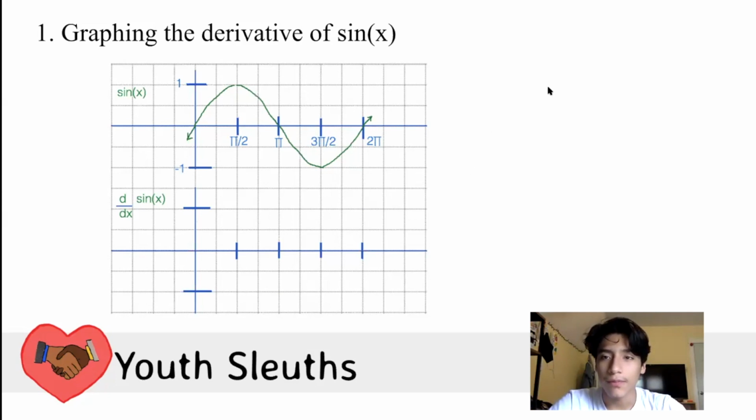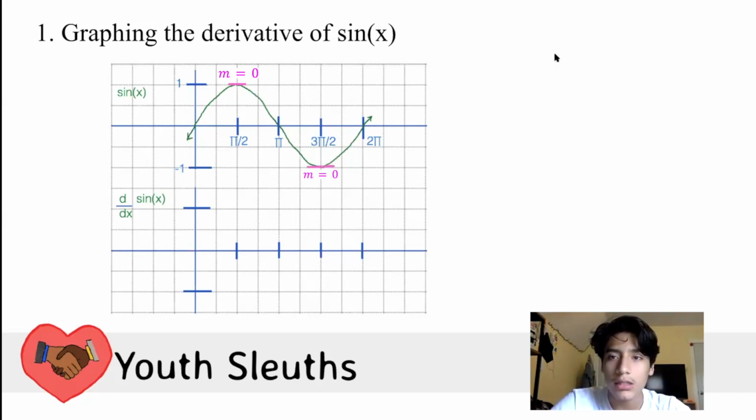And as we learned with David, when x equals pi over 2, the instantaneous slope of sine is 0. And also when x equals 3 pi over 2, there's an instantaneous slope of 0.